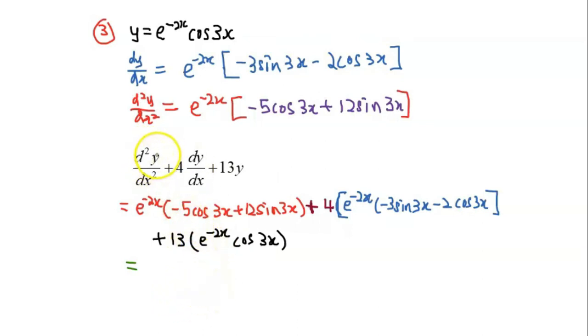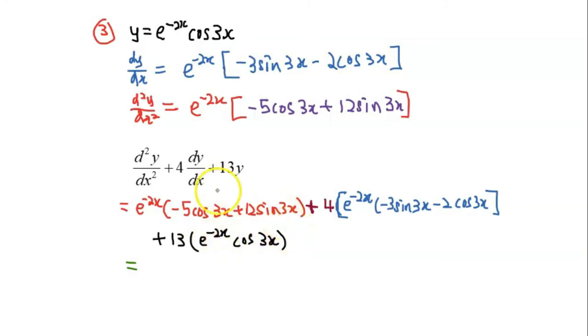So we will substitute the results from previously. d²y/dx² equals e to the power of negative 2x times negative 5 cos 3x plus 12 sin 3x, plus 4 times the result of dy/dx, e to the power of negative 2x times negative 3 sin 3x minus 2 cos 3x, plus 13y. y is our original equation, which is e to the power of negative 2x times cos 3x.